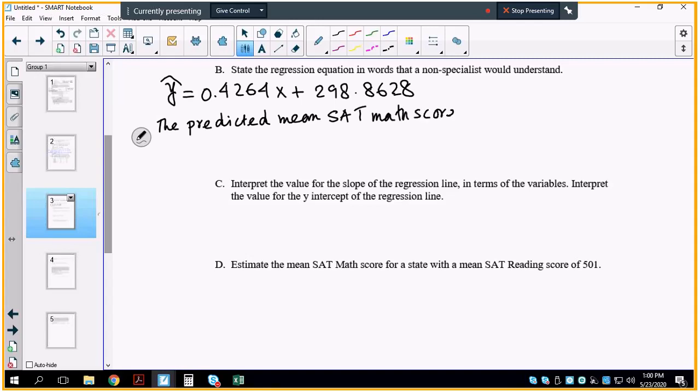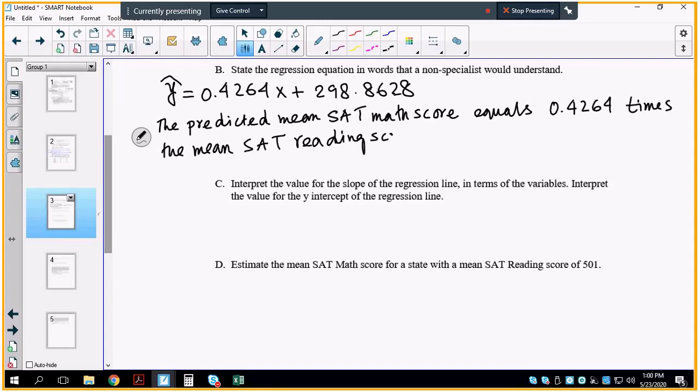And then for the equal sign, you can just write equals. So the mean SAT math score equals 0.4264 times, what is x? The mean SAT reading score, plus 298.8628.